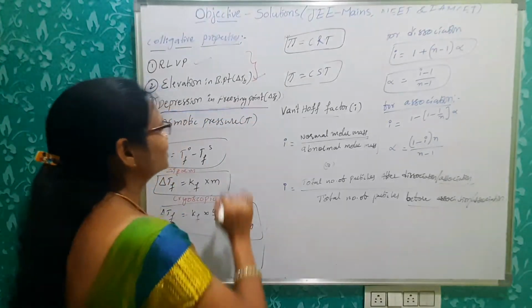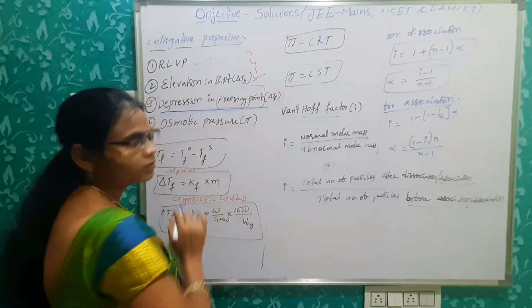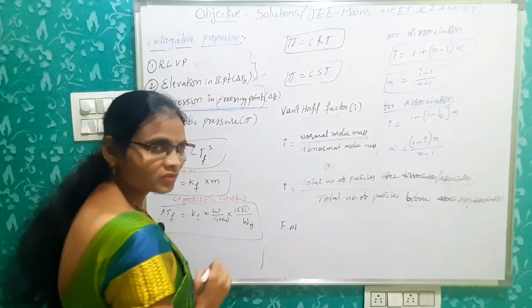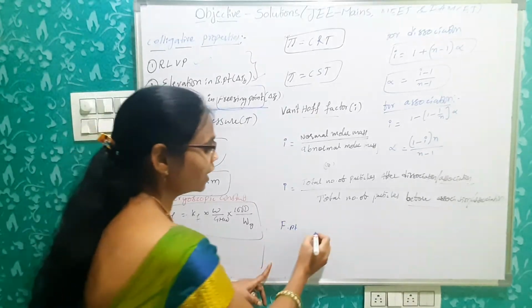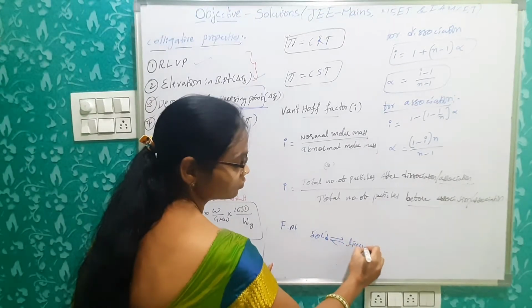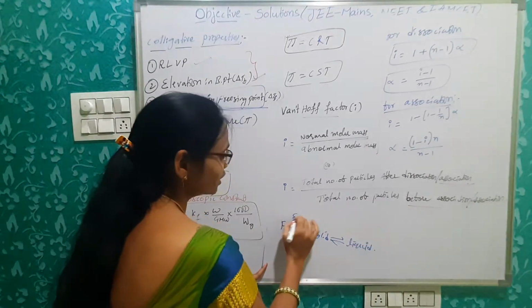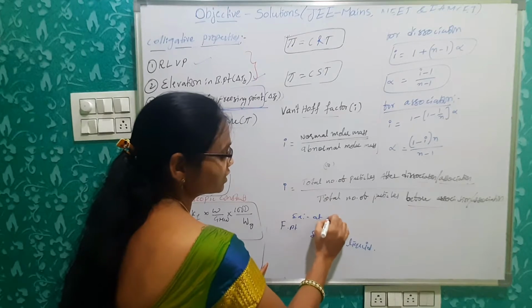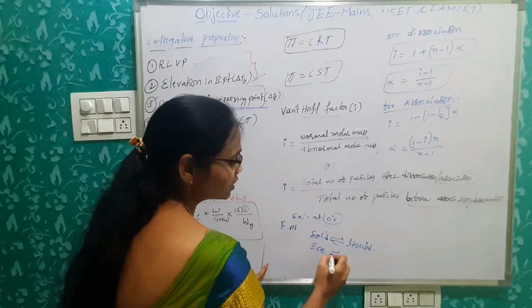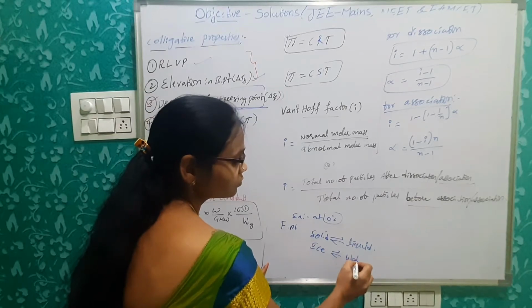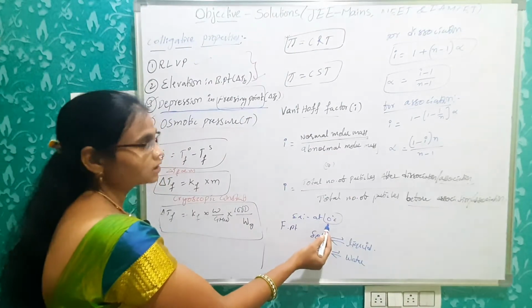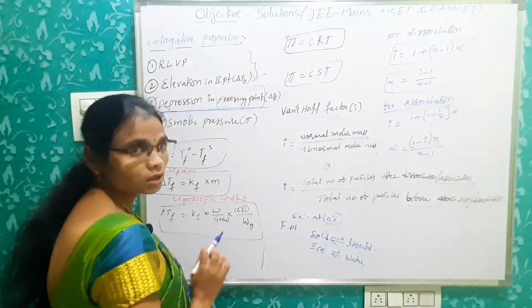First of all, what is freezing point? Freezing point is the temperature at which the solid and liquid forms are in equilibrium with each other. For example, at 0 degrees Celsius, ice is in equilibrium with its water, so 0 degrees is simply called the freezing point of that water.